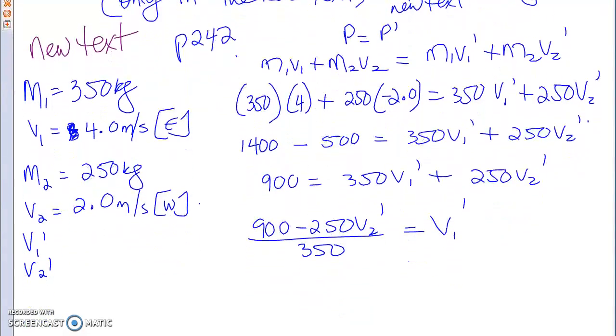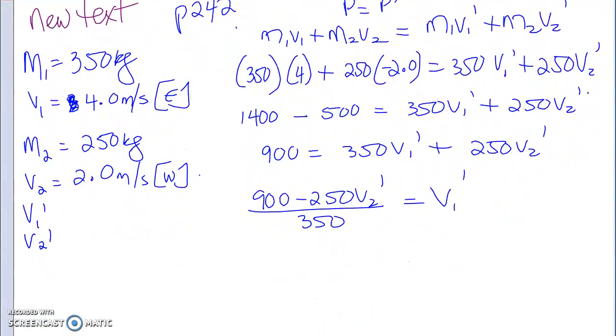Okay, and you end up with the following. So your final equation now is V1 prime equals, what's 900 divided by 350? 2.57, minus 250 divided by 350, 0.714 V2 prime.